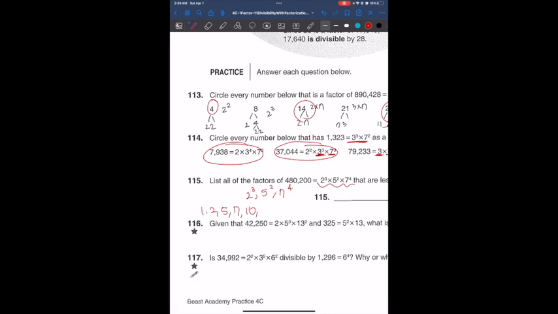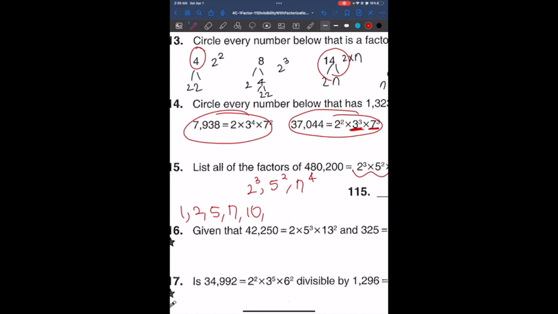And so we're also going to include 1. And then after that, before we multiply 2 and 5 together, we can multiply 2 times 2, so 2 to the power of 2, which is 4. So let me just rearrange that.